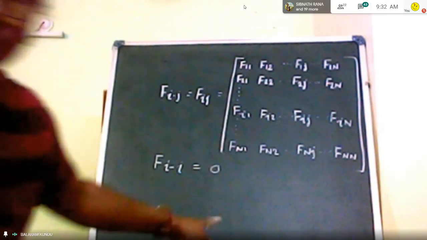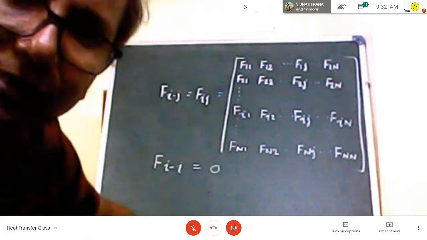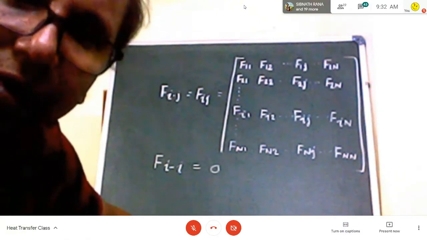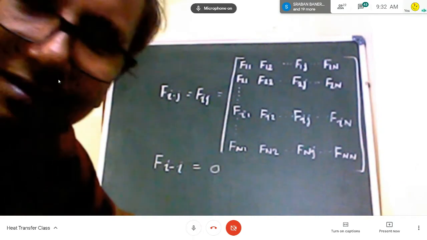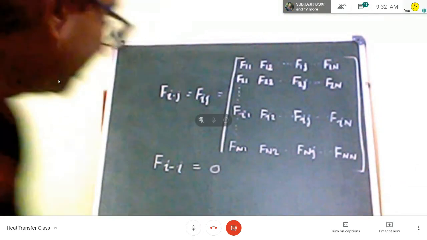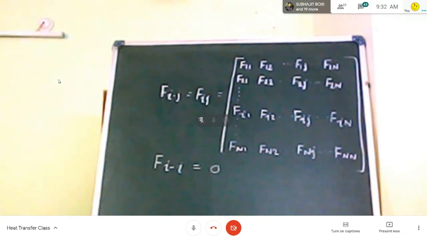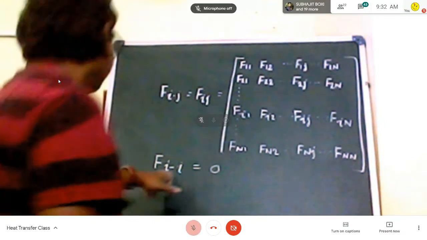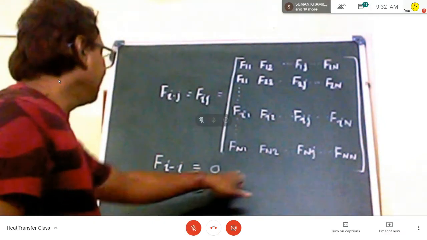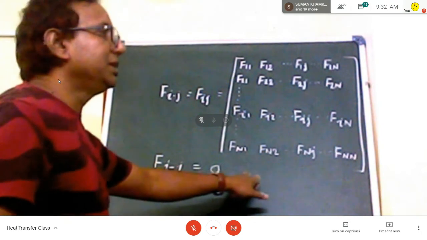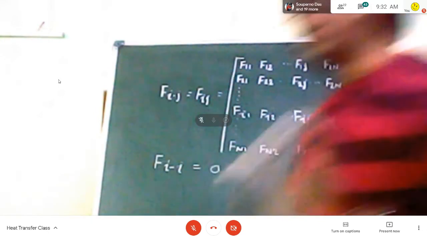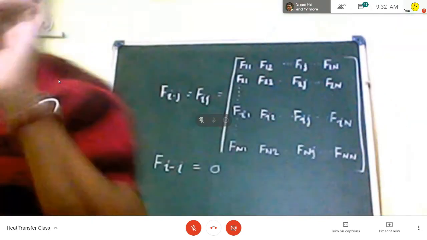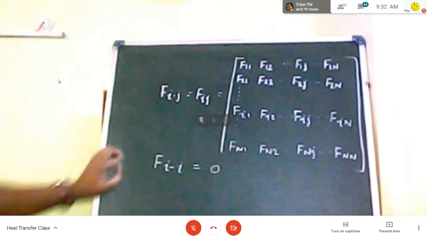That is possible to consider if the surface is plane or convex in nature. Clear? So that means F of i i for i equal to 1, 2, 3 up to n should be 0 if the surfaces are plane or convex in nature.